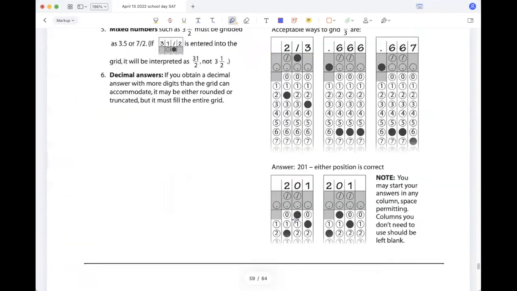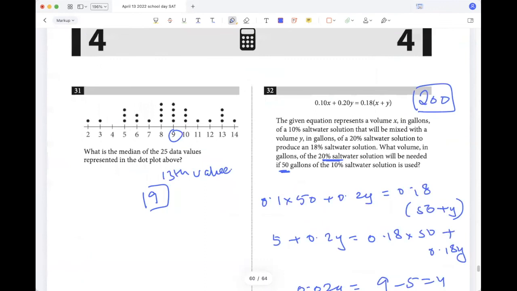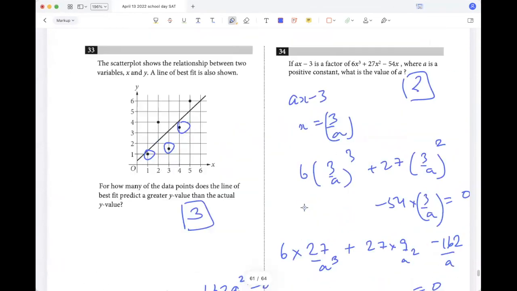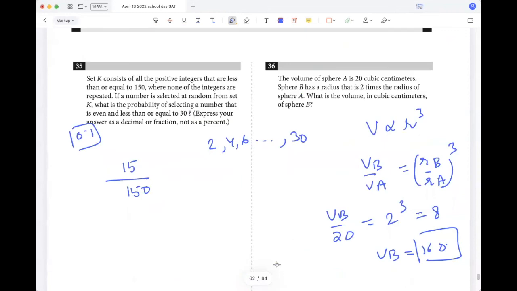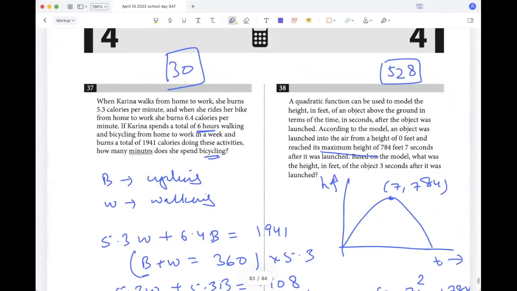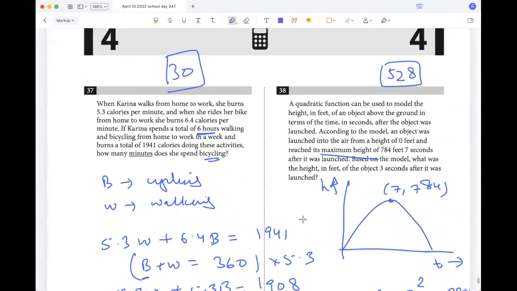And then we have 31. 31 is 9, 200, 32. 9, 200, 32. Okay. 35. 0.1, 160. And 37. 30 and 528.